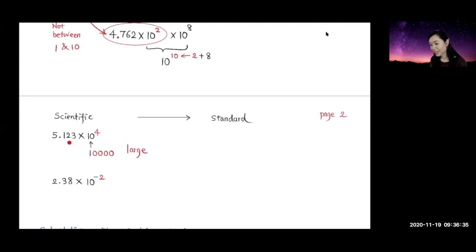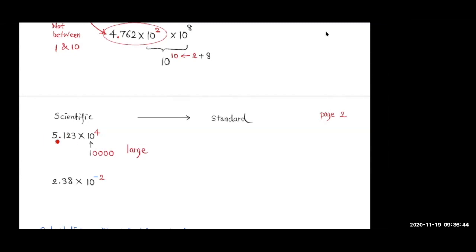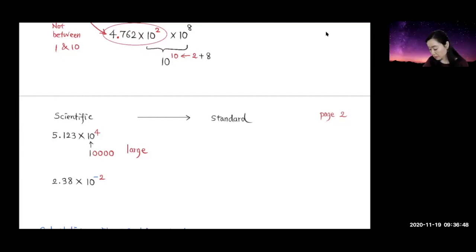So you're going to move the decimal point to the left or to the right to make the number larger? To the right, yeah. So we have 5.123. We're going to move the decimal point to the right 4 places to make it larger, right? Times 10,000 moves the decimal point 4 places to the right.